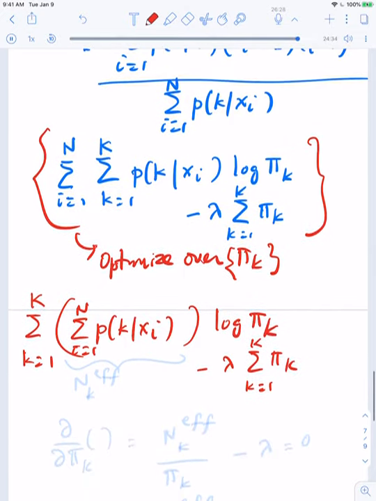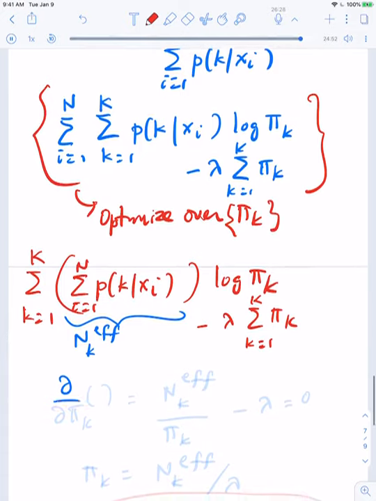What happened? Basically, I have this effective number of examples assigned to component k coming into the picture. And now I take the derivative with respect to pi k.